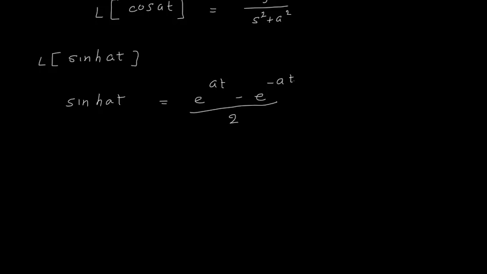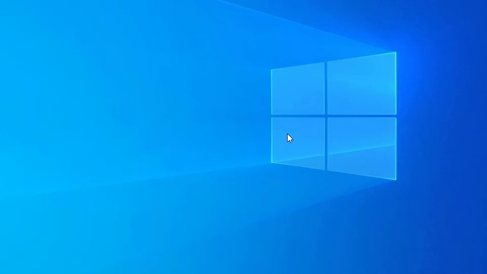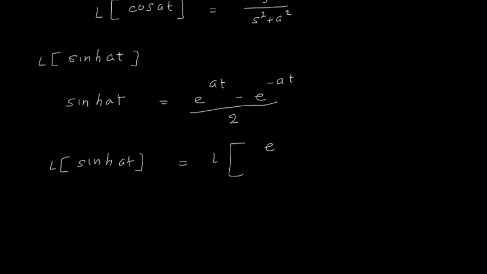So to find Laplace of sine hyperbolic at, I will say that Laplace of sine hyperbolic at is the same as Laplace of e power at minus e power minus at, whole divided by 2.